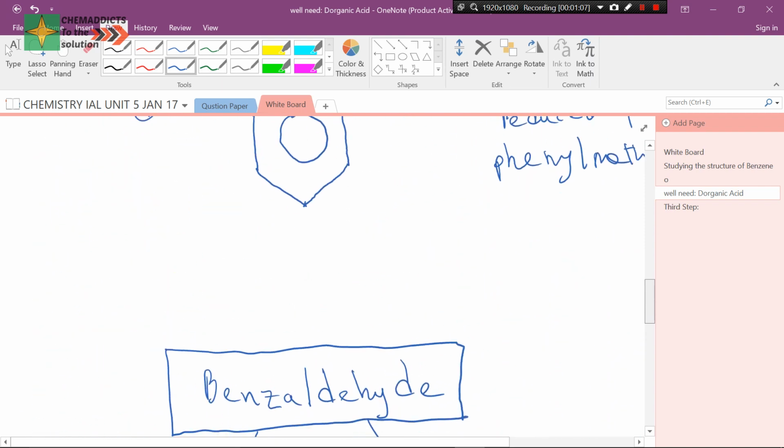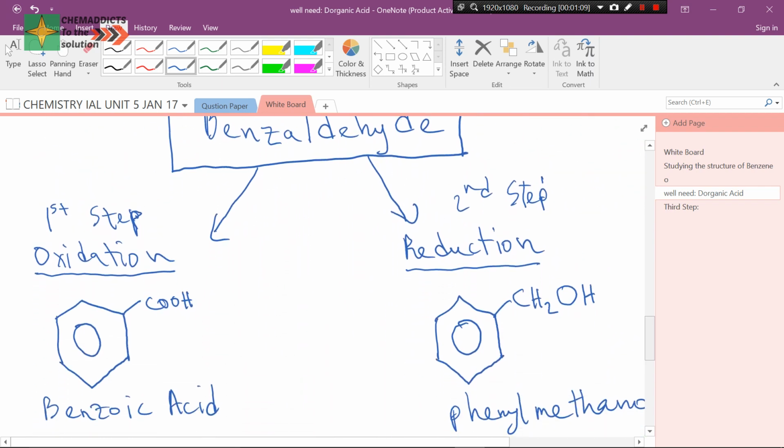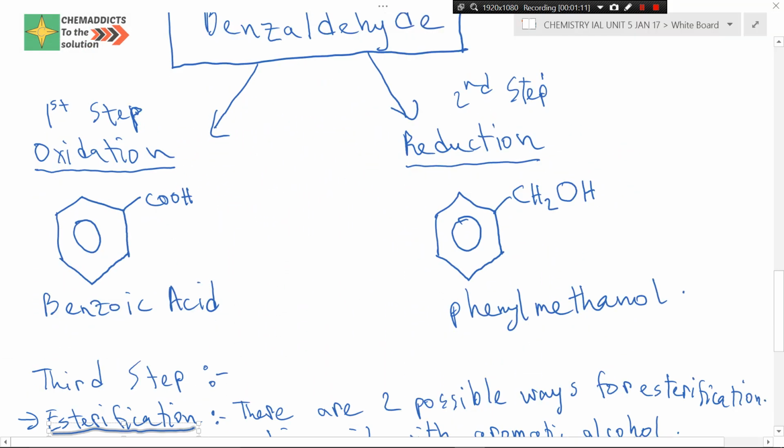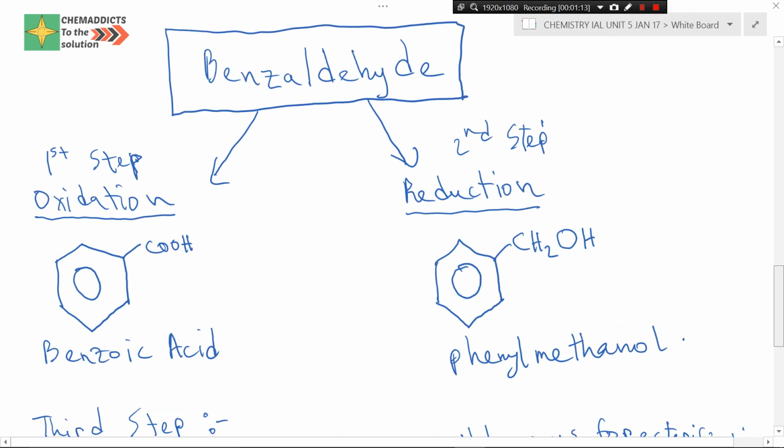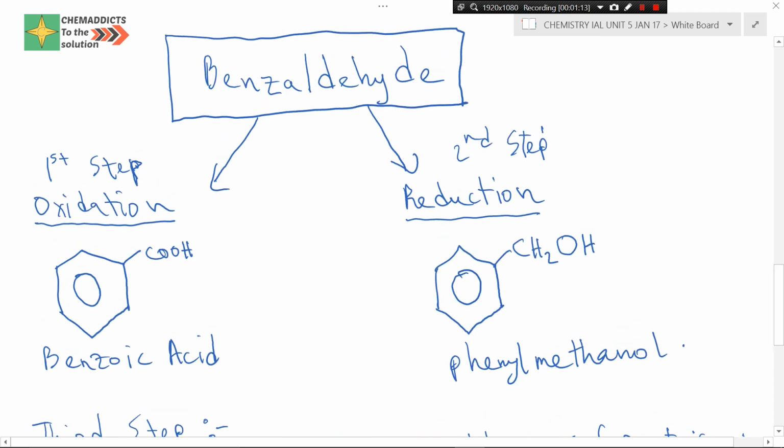We need to do it in 3 steps. In the first step we oxidize benzaldehyde to form benzoic acid, and in the second step we reduce benzaldehyde to form phenyl methanol.